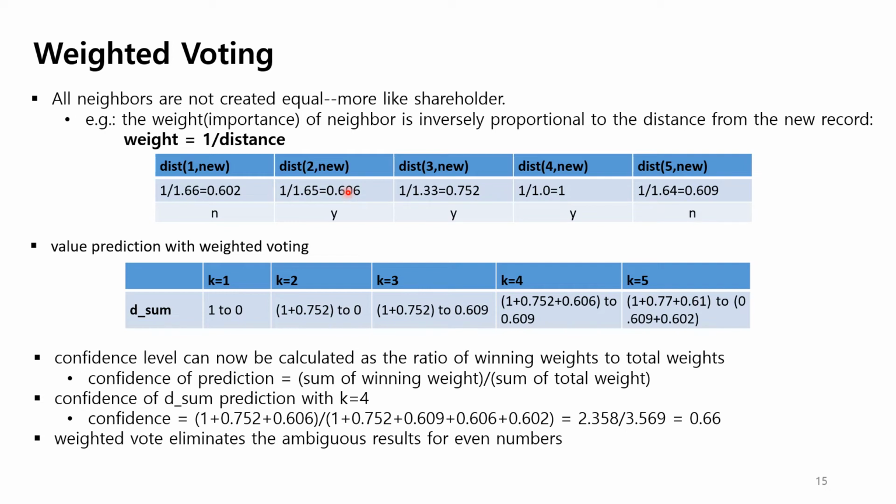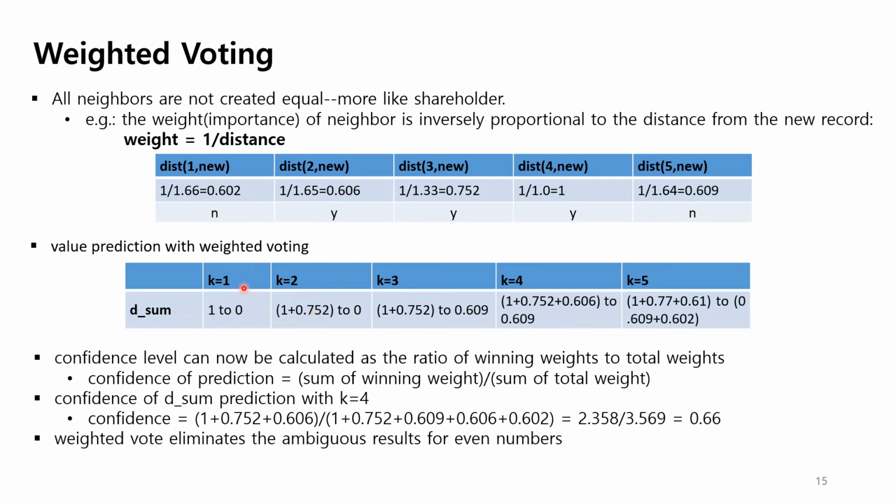So you do the summation of these 3, which is given here, 1 plus this is here, and then the weight of the n value comes here. So that's how we compute the summation of weight here.